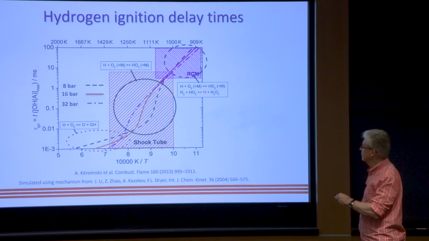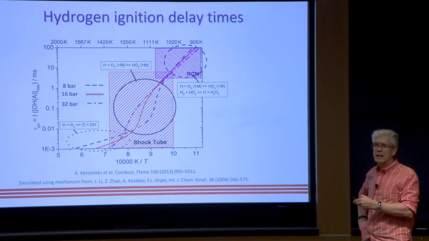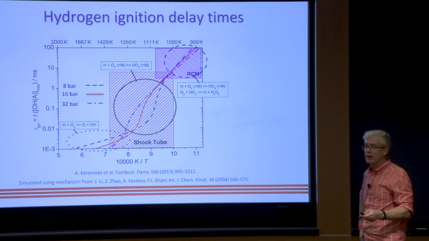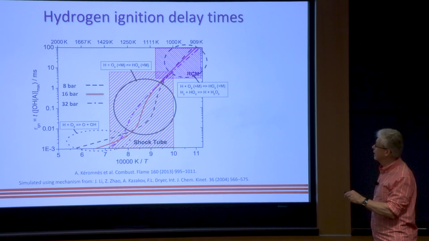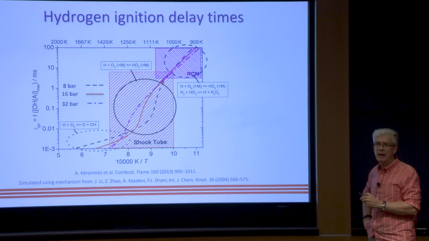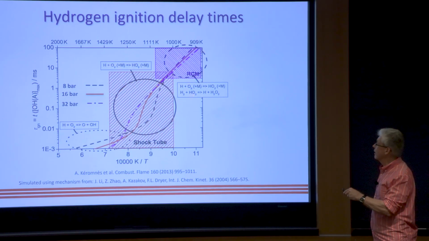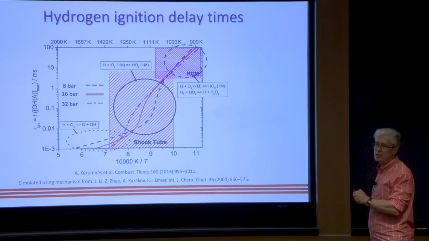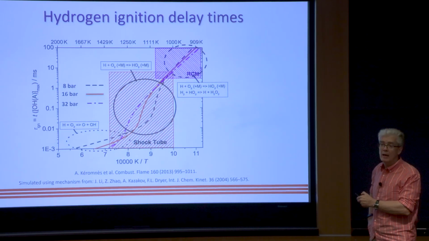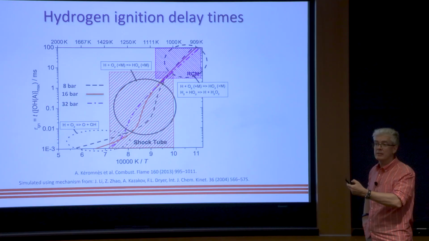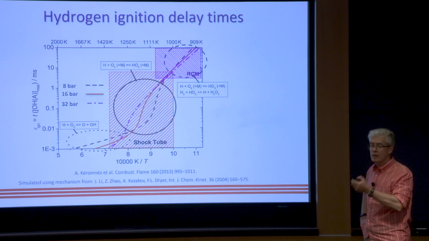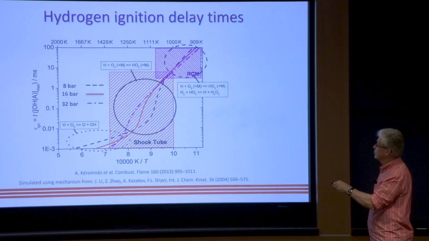And then the concentration of H atom and H2O2 will be higher at 32 bar than at 16 bar than at 8 bar. And hence, the higher in pressure you are, the higher the concentration of HO2, H atoms and H2O2. And therefore, the system will be faster. Okay? So that's at low temperature.